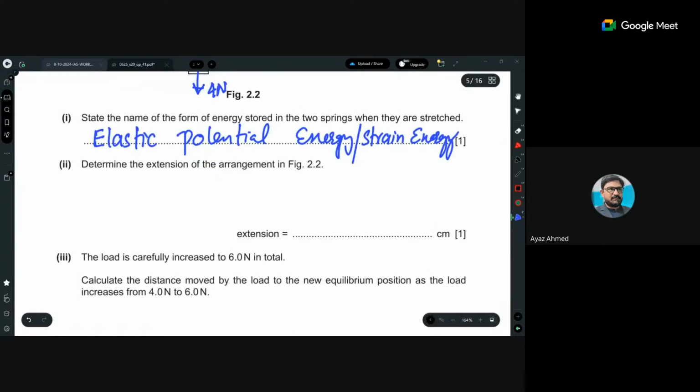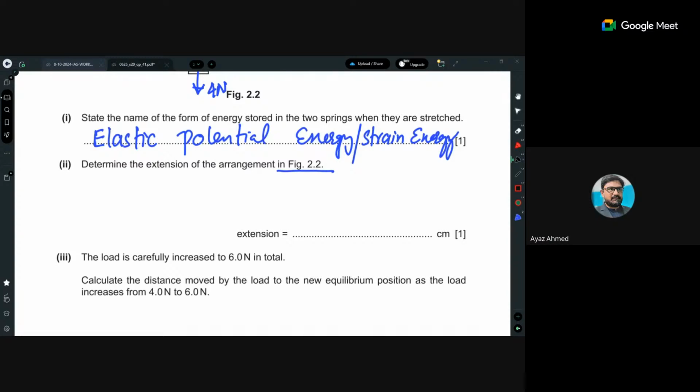Okay, then determine the extension of the arrangement in figure 2.1. What a question. If we did not have the graph, it would be hard to determine it. But as we have the graph, it is quite easy.